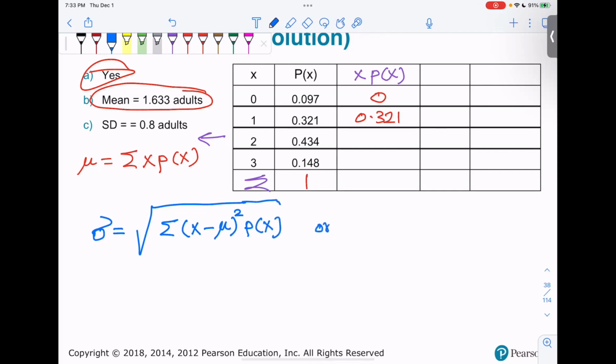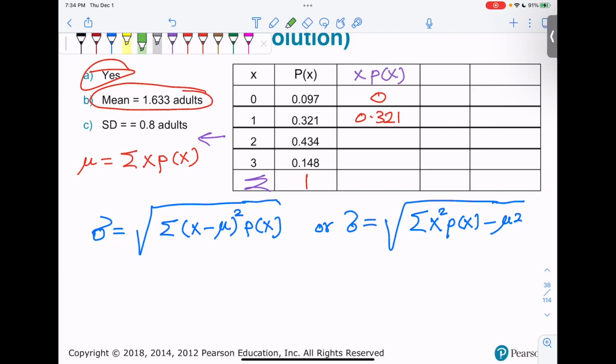Or you can use this formula: sigma equals the square root of the summation of x squared times probability of x, minus mu squared. In this example, the second formula is easier and gives more accurate results, since the value is 1.633.